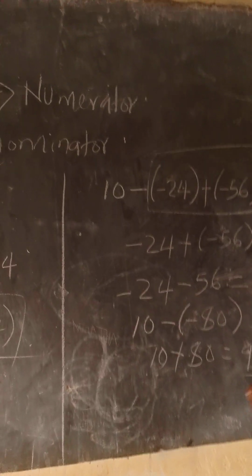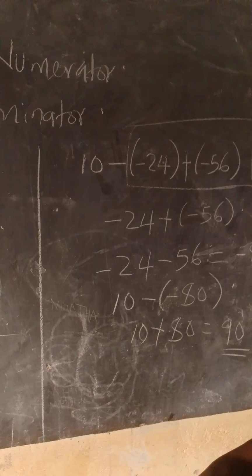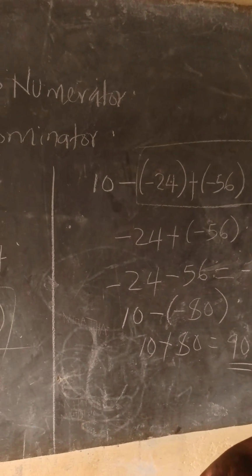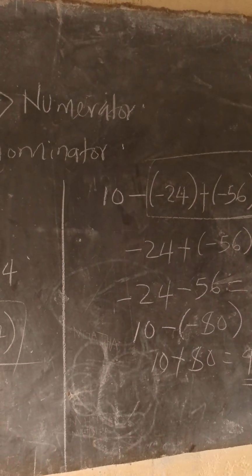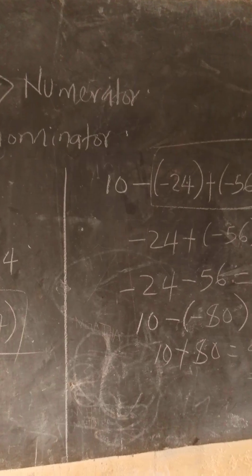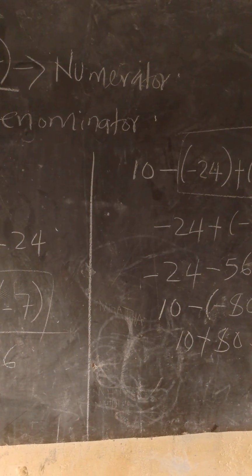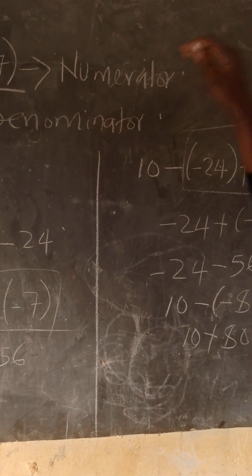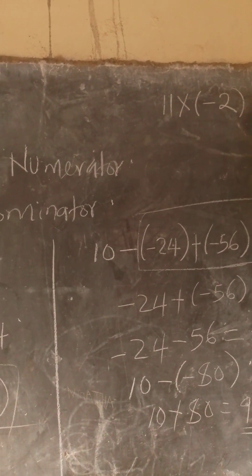So for today, let us end our lesson at that point. Oh, yeah, this is the numerator. Thank you for that reminder. Now we go to the denominator, which is 11 times negative 2.